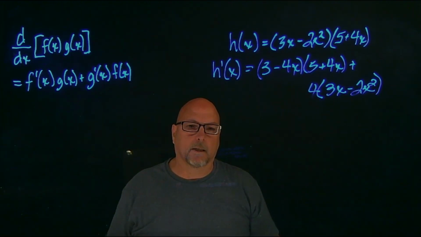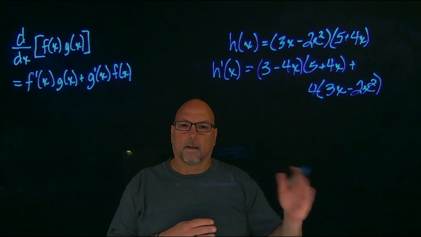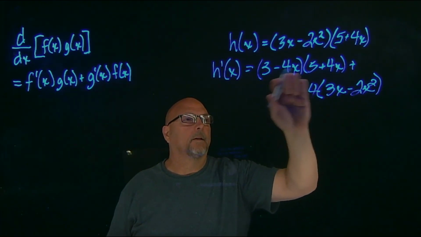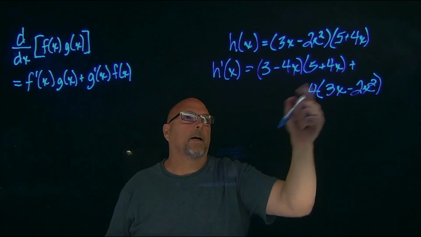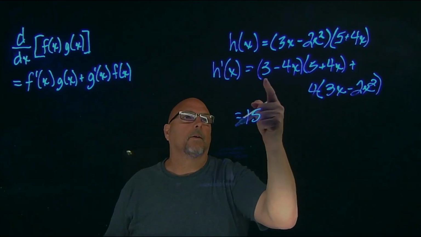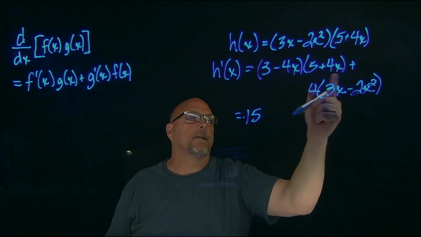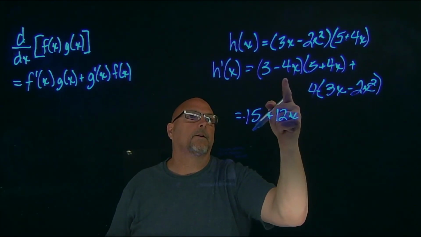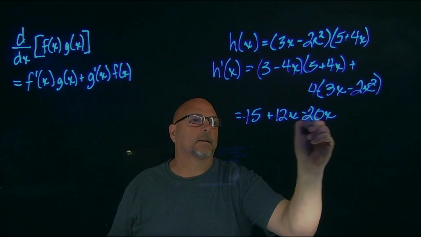But usually we would clean this up a little bit, simplify it in case we needed to solve it for 0 later on when you're using the properties of the first derivative. So I'm going to go ahead and multiply these first two terms out, and we'll step it all the way. So 3 times 5 is 15. Outers give me 3 times 4x, which is 12x. The inners give me negative 4x times 5, which is negative 20x.